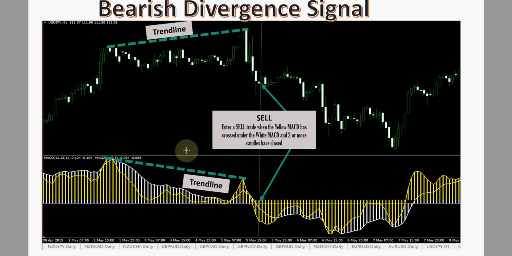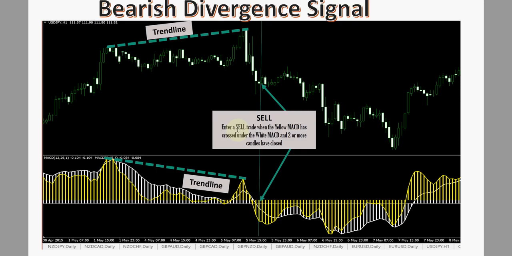However, if you join the same two points together on the indicator, it is going down. This is called bearish divergence. The indicator is telling us that price will fall very soon, so we stand by to take a short position.